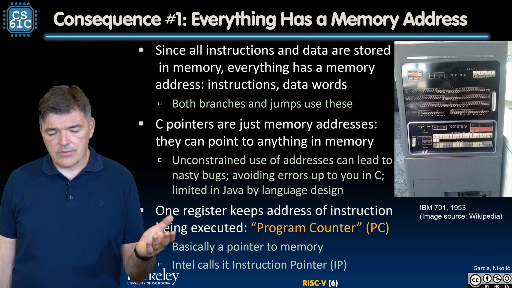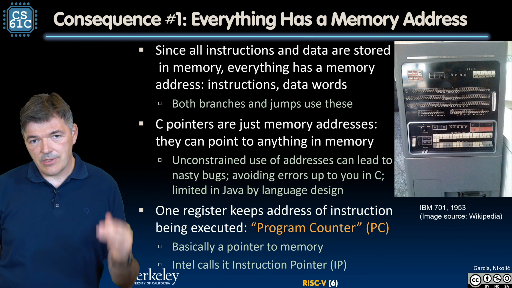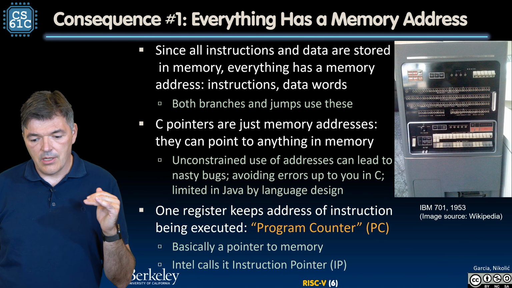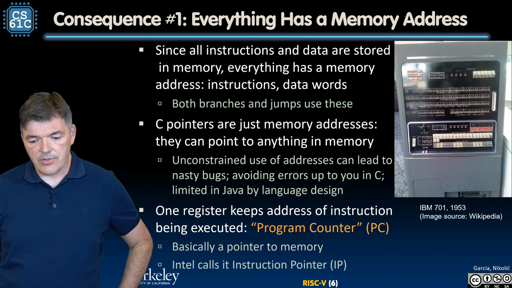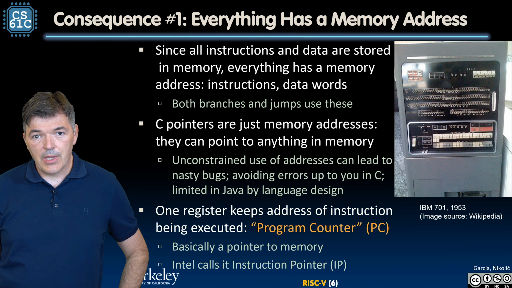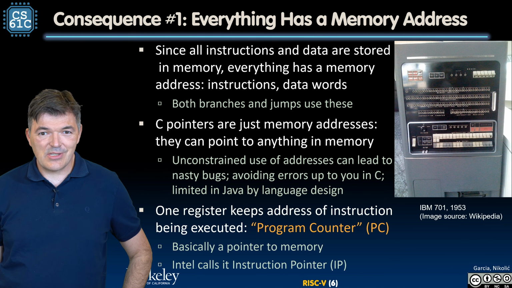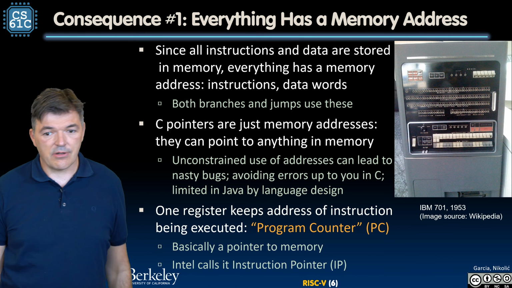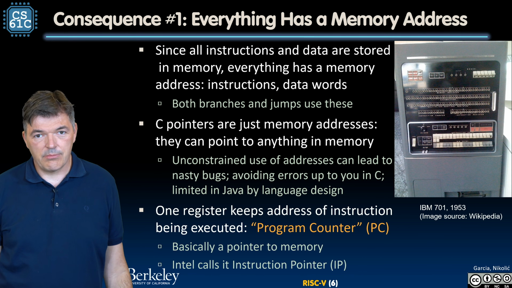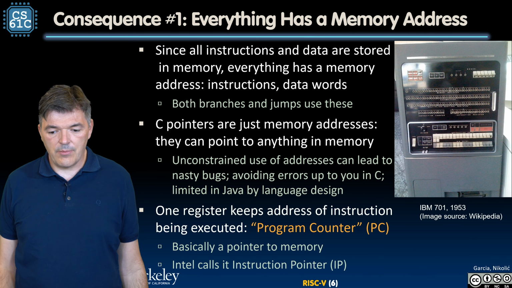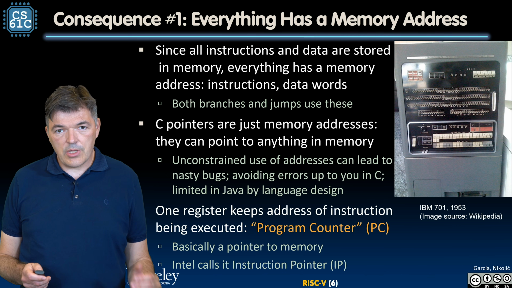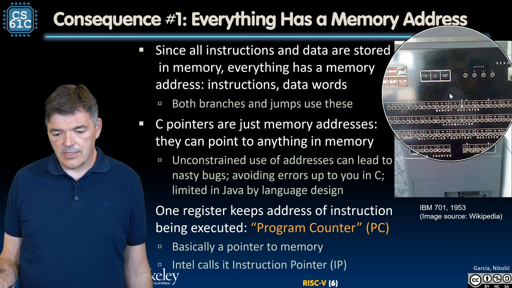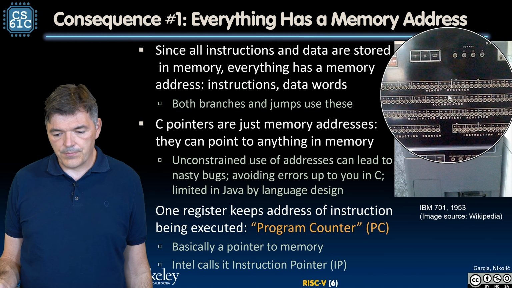Why is it called a program counter? Most likely because of early IBM computers. This is an interesting example, the IBM 701 that was introduced in 1953. It has interesting concepts that you can see on this front panel. This is a computer that looks like a refrigerator, a proper size of a computer of that time. And you can see these blinking lights on its front panel.